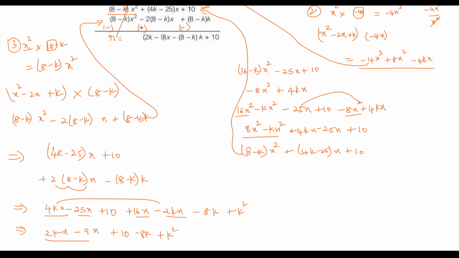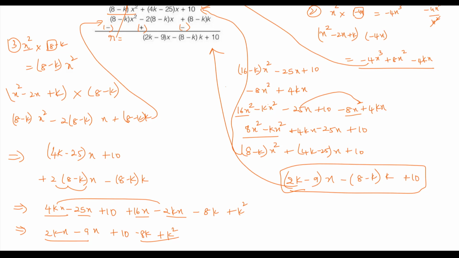From these two, taking x as common, we will get 2k minus 9 into x, and from these two, taking k common, we will get minus 8 minus k into k plus 10. Hence this is our remainder which is placed over here.